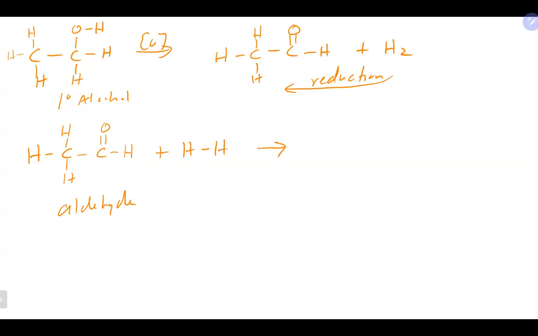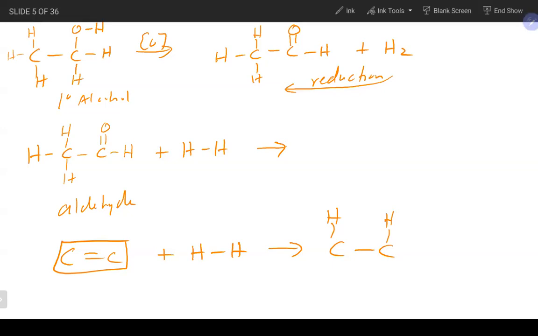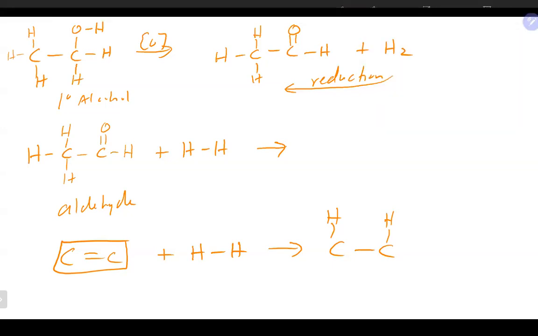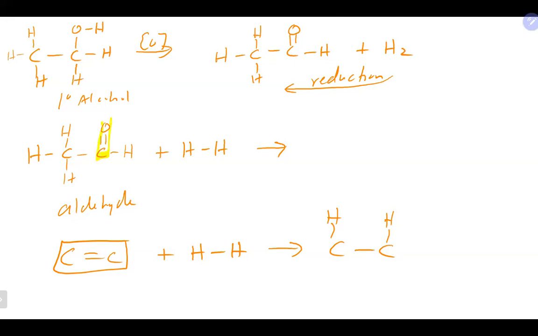Basically, the exact same reaction happens as with the alkene. If you remember, the alkene is double bonded, plus the hydrogen, the double bond becomes a single bond, and then each one gets a hydrogen. The same thing happens here, except it's not two carbons. It's the carbon-oxygen double bond where this occurs, right here.